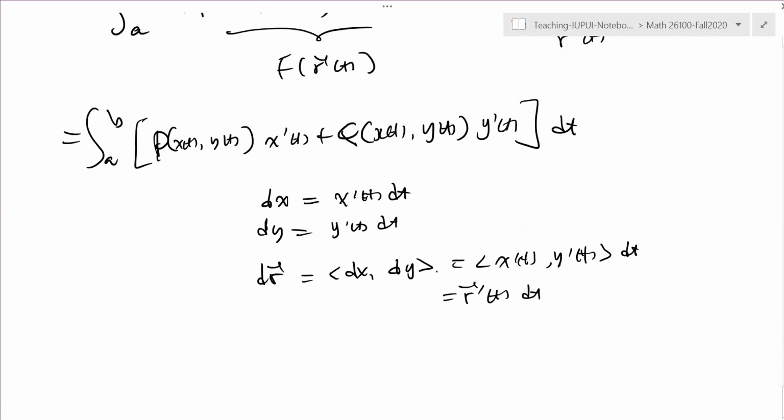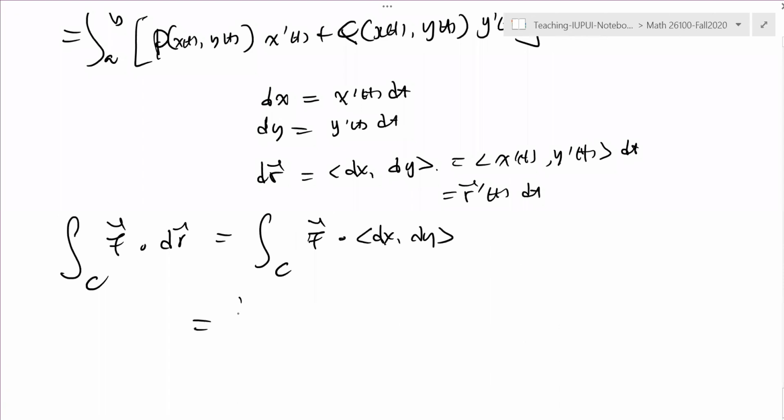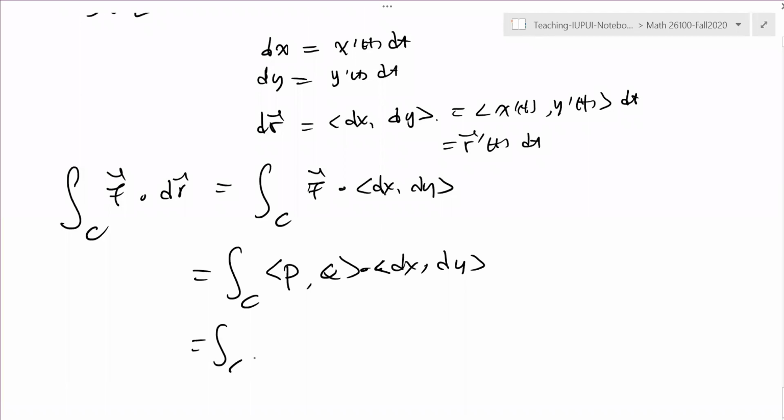Then the above formula is also written in the form dx, dy. And if f has components P and Q, then you can write P dx plus Q dy, the inner product.